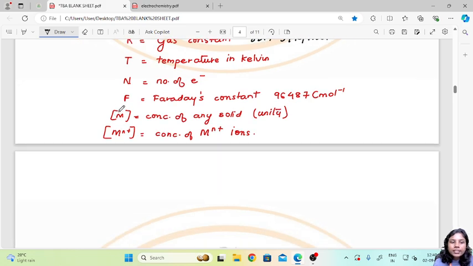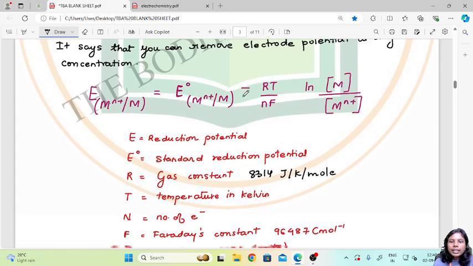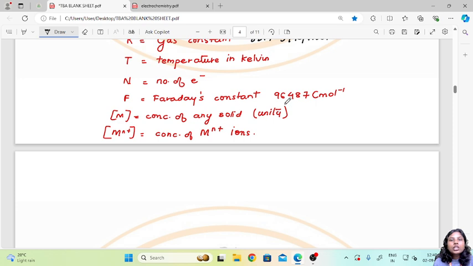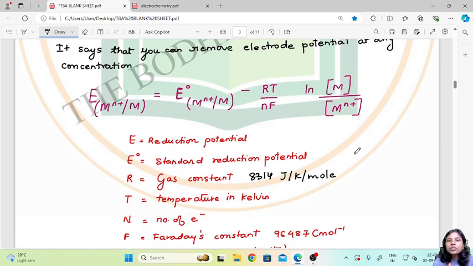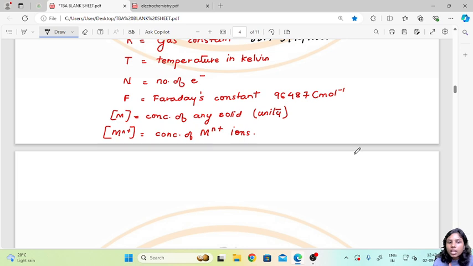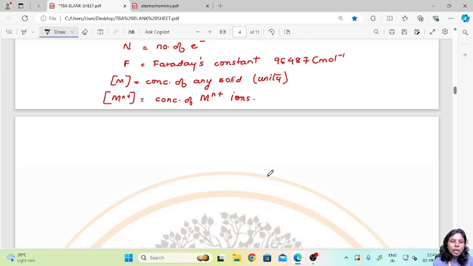Then we have M, which is the concentration of any solid. We consider it as a solid because we take it in zero oxidation state. So anything that is a solid and in zero oxidation state, we consider its concentration to be unity, that is 1. Mn+ will be equal to the concentration of Mn+ ions that are present.